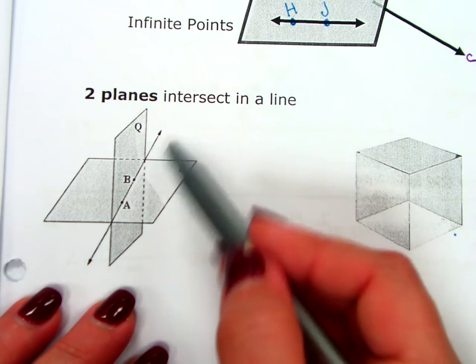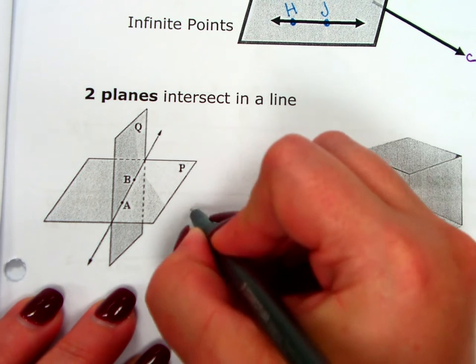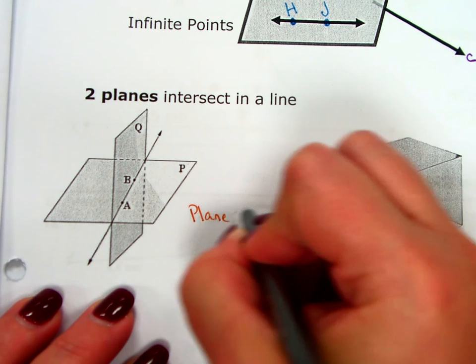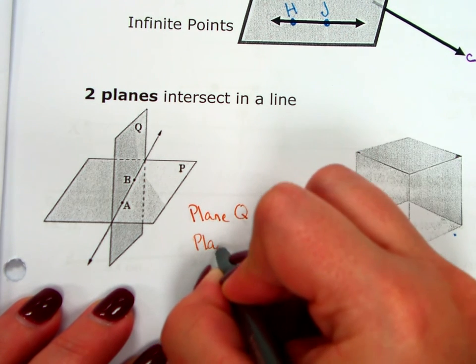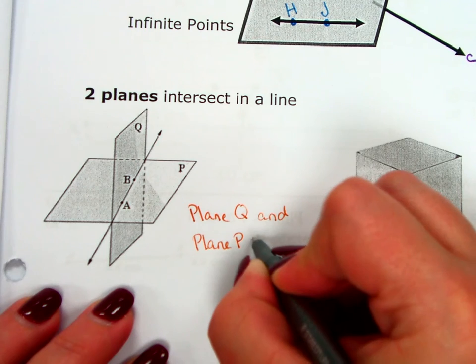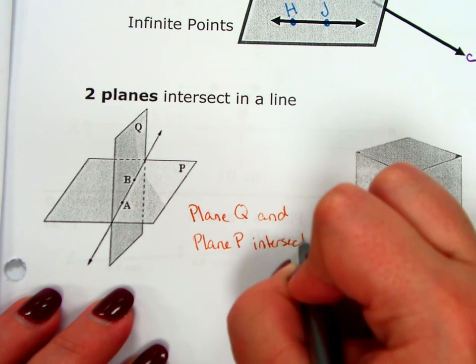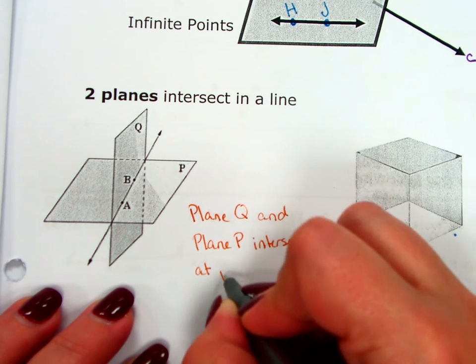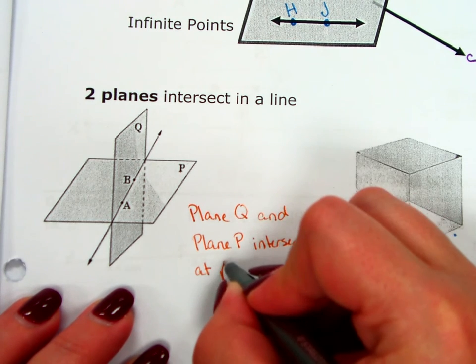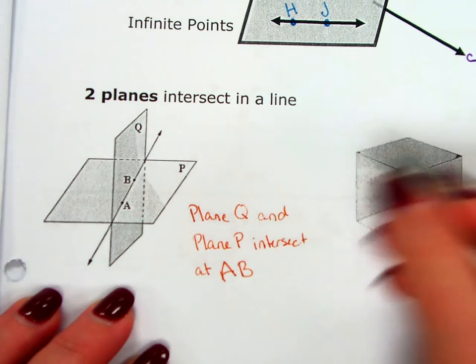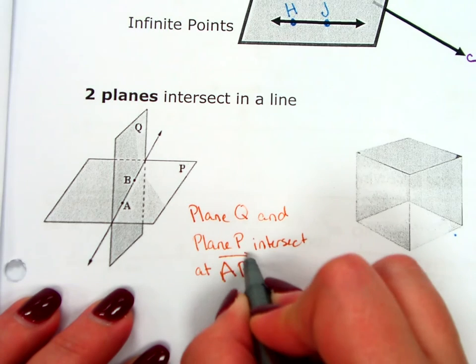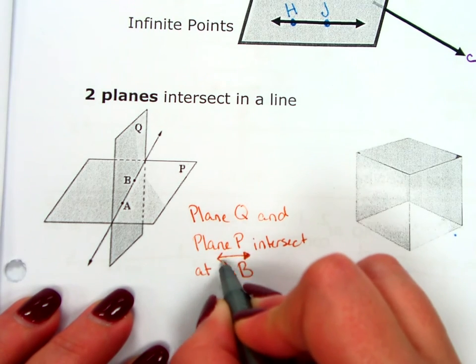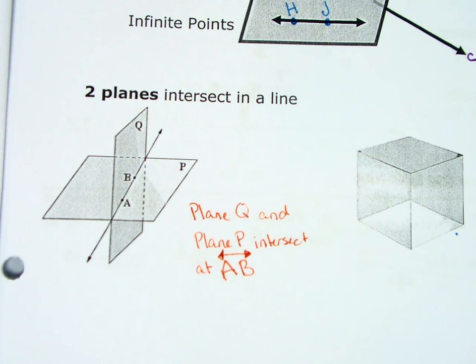Plane Q, capital Q, and plane P intersect at, not at point, at line AB. If I just put AB, it's not correct because I need to make sure that I say it is the line AB or line BA, but I need that line symbol. And I have to use capital letters, all capitals there.